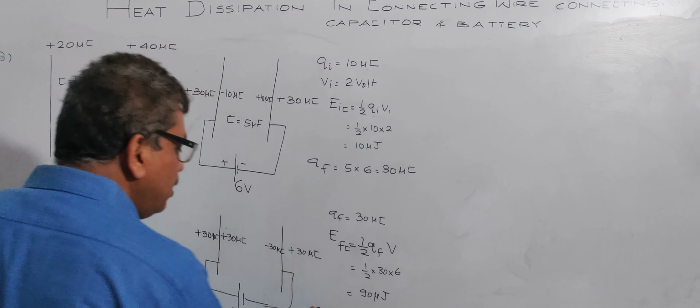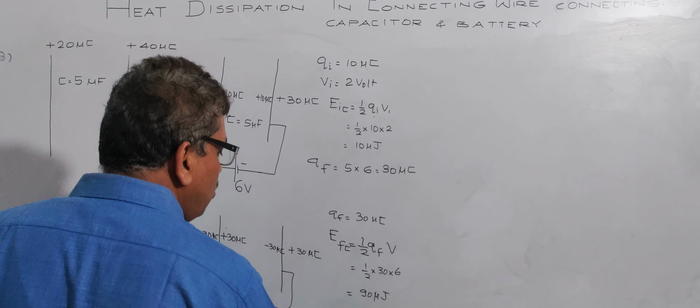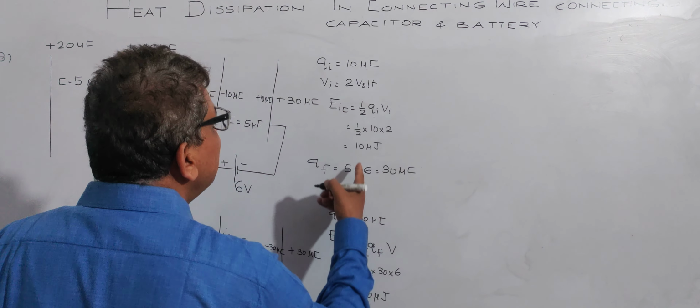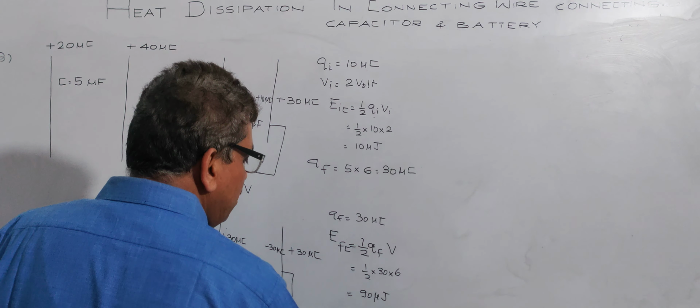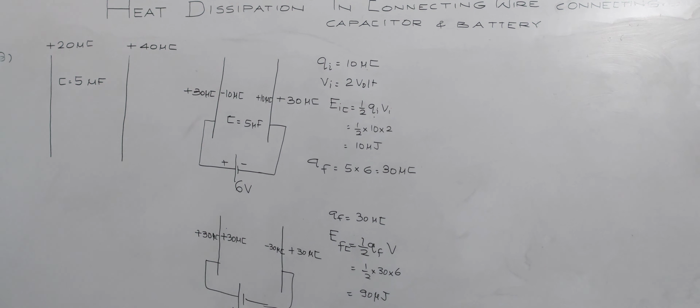Now the increase in potential energy is how much? The increase is final minus initial: 90 minus 10, so 80 microjoule. Is it clear? Now, what amount of charge has flown?